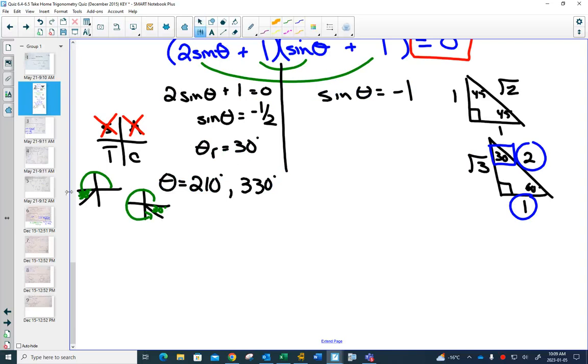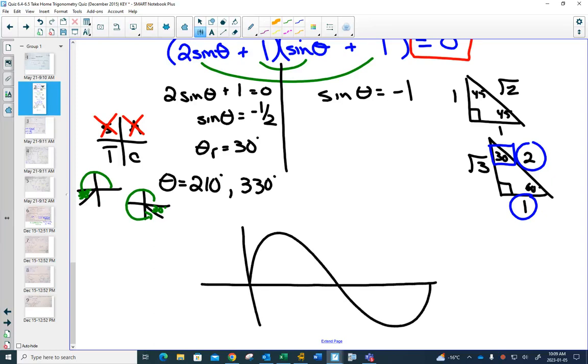The other thing that this question reviews is the graph of sine theta goes up to 1 and down to minus 1, 90, 180, 270, and 360.